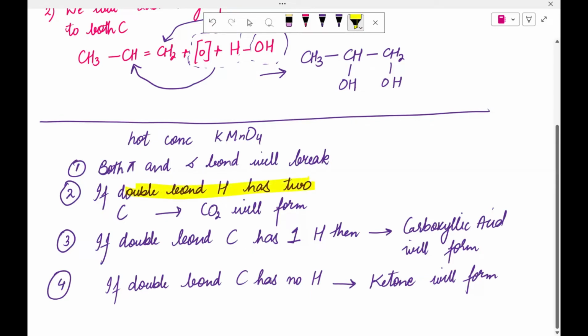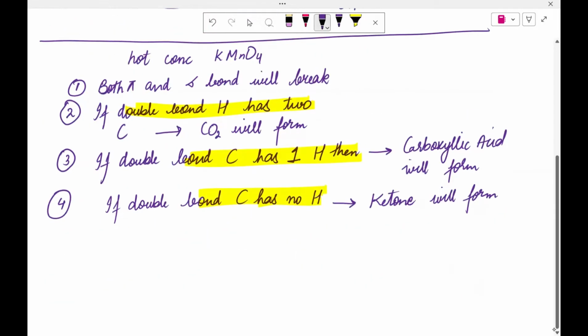And now let's see what is going to happen in them. Let's take some examples related to it. We have this unsymmetrical compound.